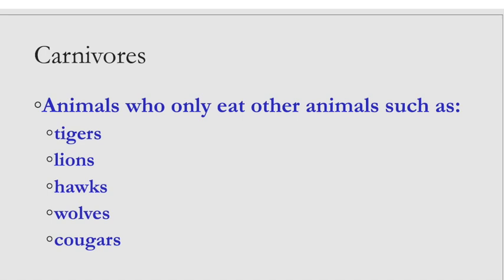So these are animals or organisms that get their energy by eating other animals. And these are also only examples of terrestrial food chains, which means there are land food chains. Very good.